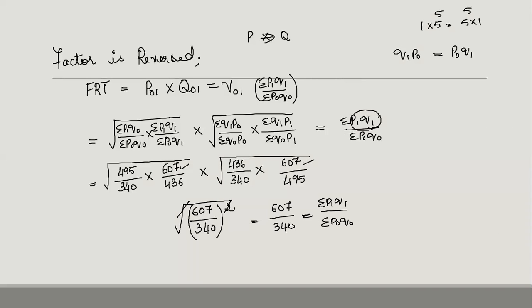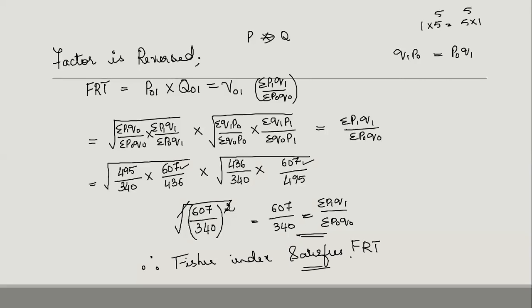So that means you got the value, which means it is satisfied. So you can write, therefore, the Fisher index satisfies FRT.